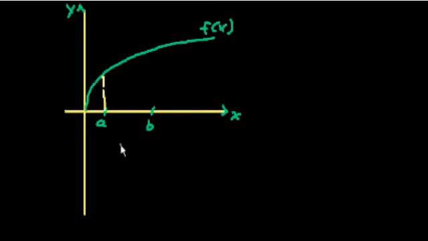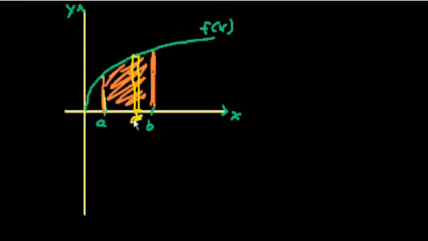So if we wanted this area right here, as a review, we would be summing up a bunch of rectangles, where each rectangle has a width dx, and its height at that point would be f of x.